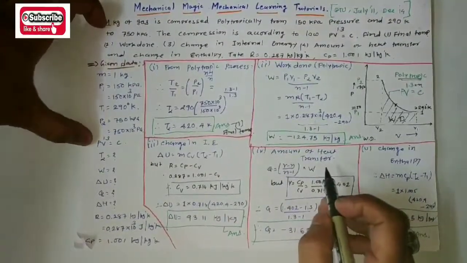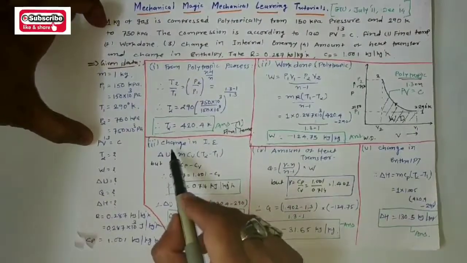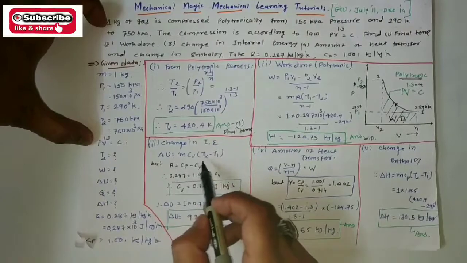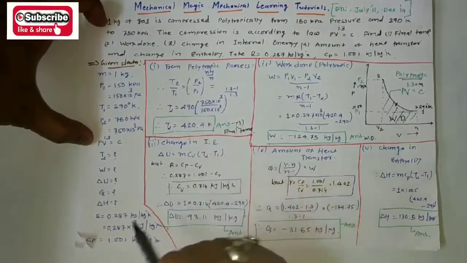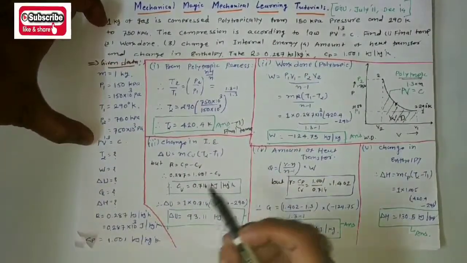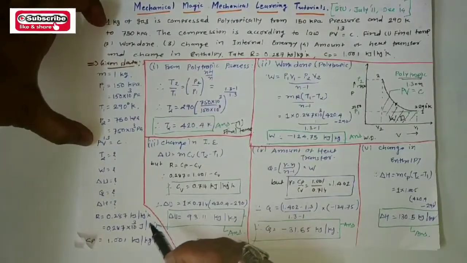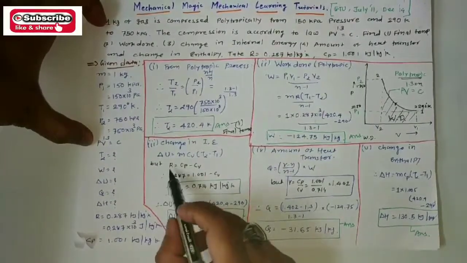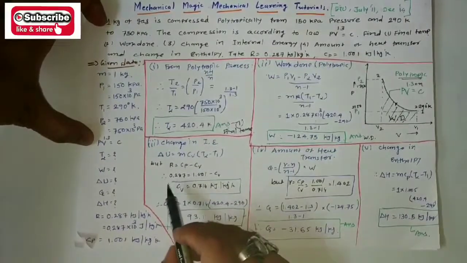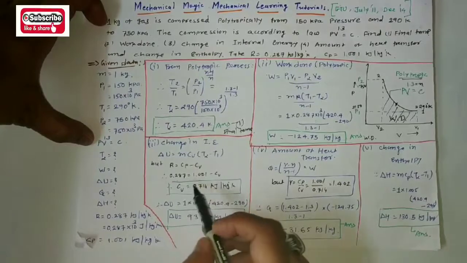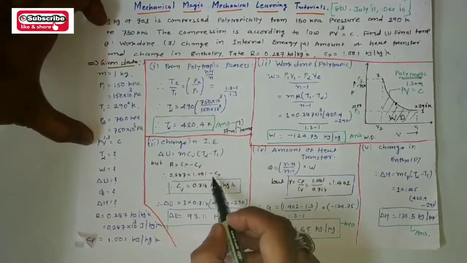Third one, change in internal energy. Delta U equal to m Cv into T2 minus T1. But here the value of Cv is not given, so R and Cp are given, and R is equal to Cp minus Cv. Just put the value of R, 0.287, equal to 1.001 minus Cv.